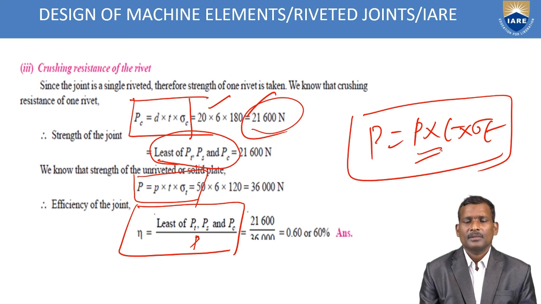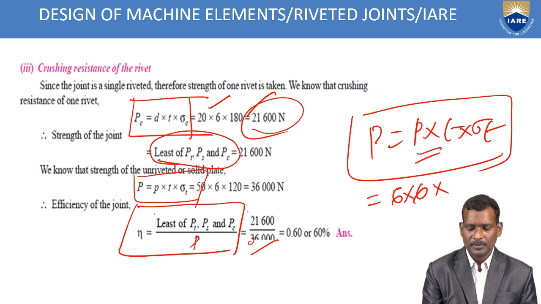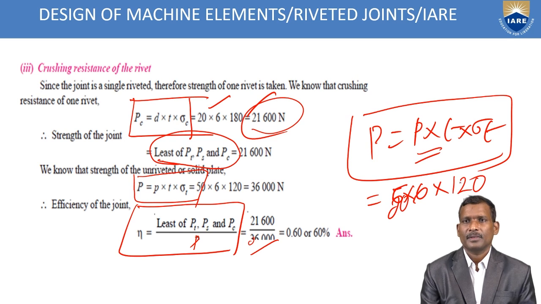So this is the area multiplied with sigma T, and you will get the solid plate strength. Here 36,000 is the solid plate strength. The pitch is 50, the thickness of the plate is 6, and sigma T is 120. So we will get 36,000.